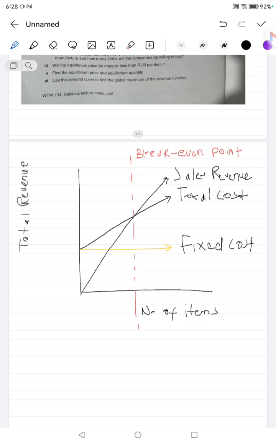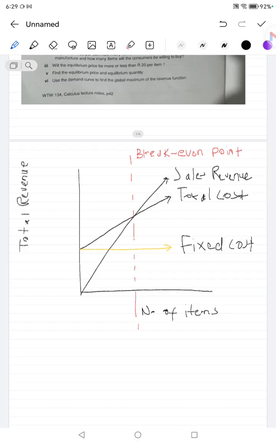Total revenue, then okay, do I have everything? Sales, total cost, sales revenue, fixed cost, number of items.